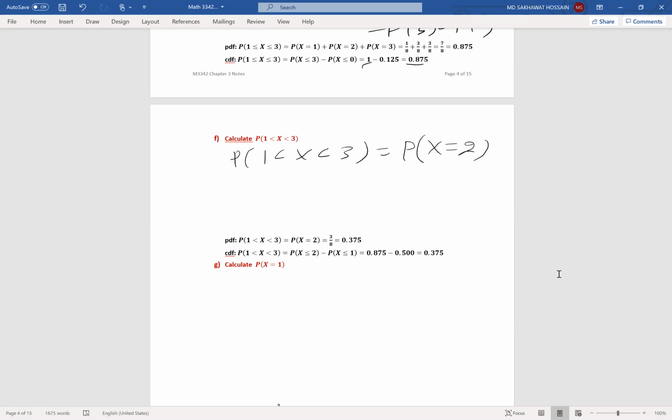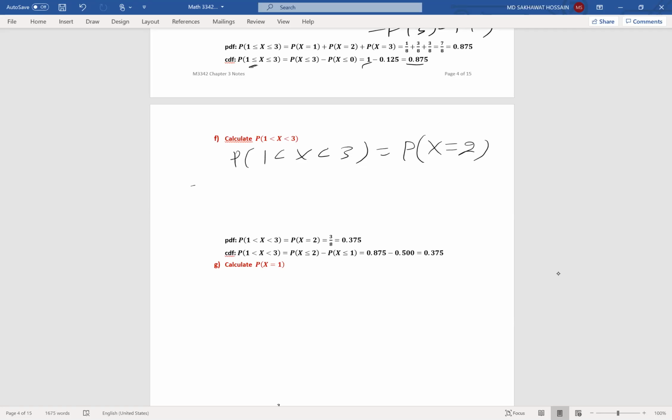That means x will be greater than 1. It cannot be equal to 1 here because we do not have the equal sign, we have just the greater than sign here, x greater than 1. So x will be a number which is larger than 1 and smaller than 3. We have just one number in the table, 2. So that's why the probability is the probability of x equal to 2.